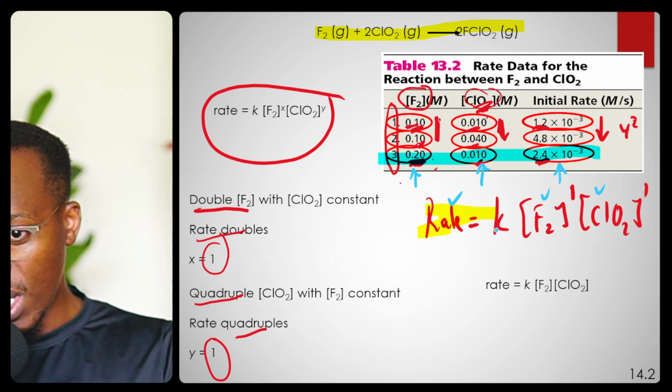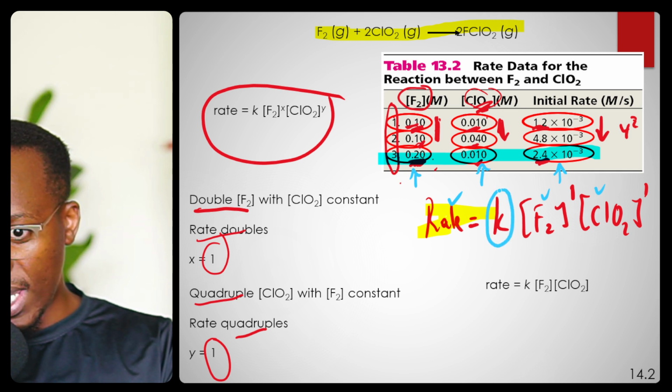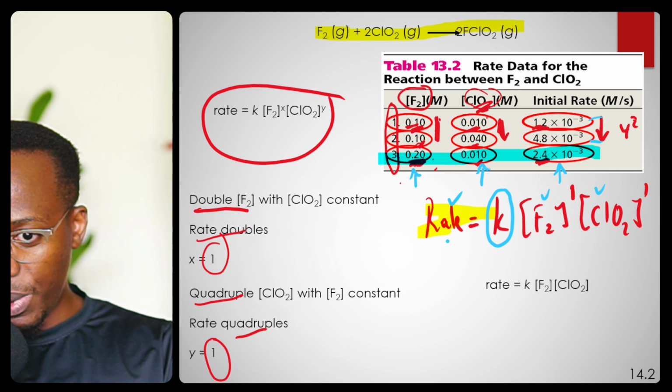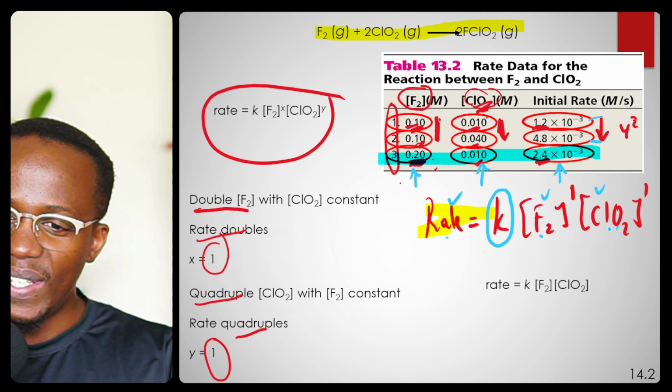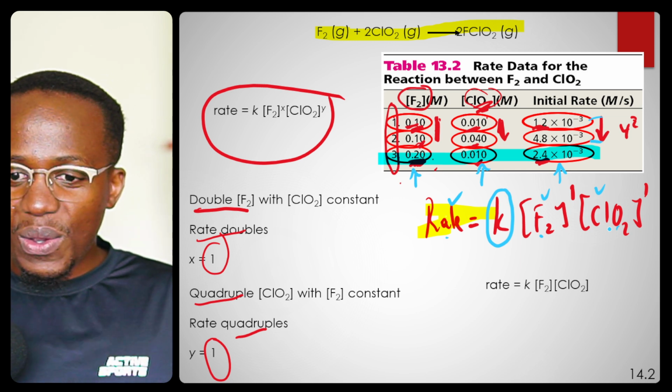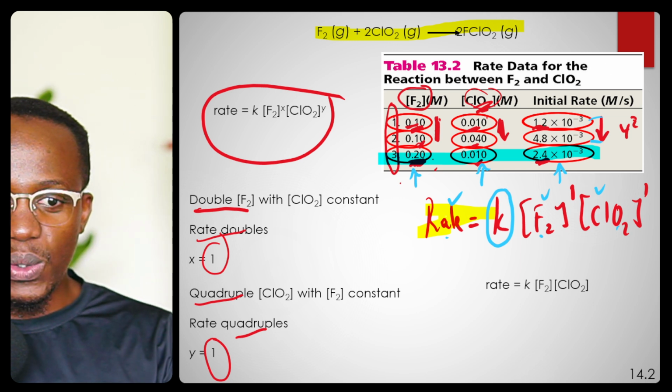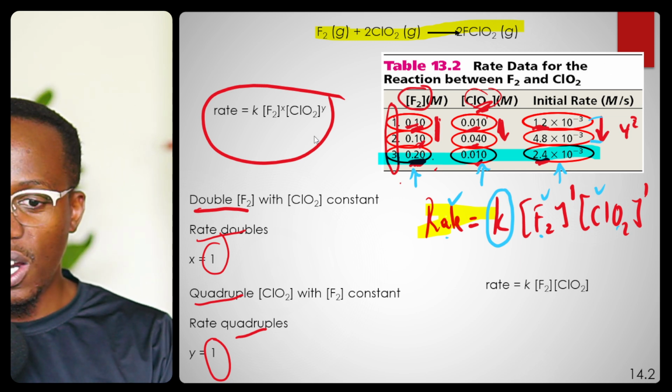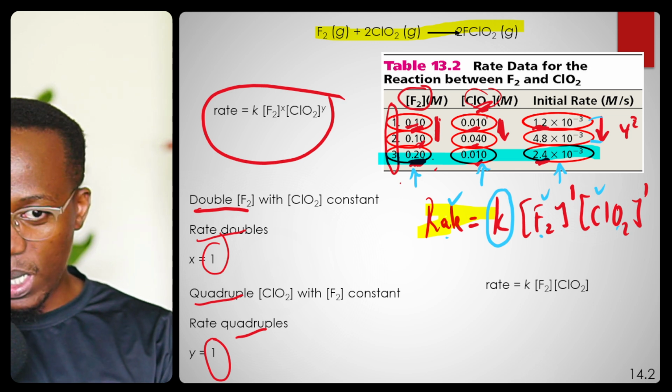What does that tell you? It tells you that you can find the k. From any of the 3 points, you can find the k. The k will be equal to the rate over this one times this. Does that make sense? So after you have the rate law, you can measure the rate constant experimentally.